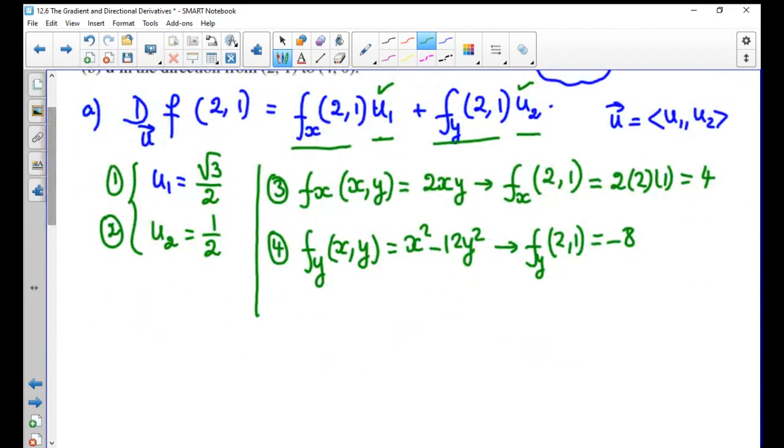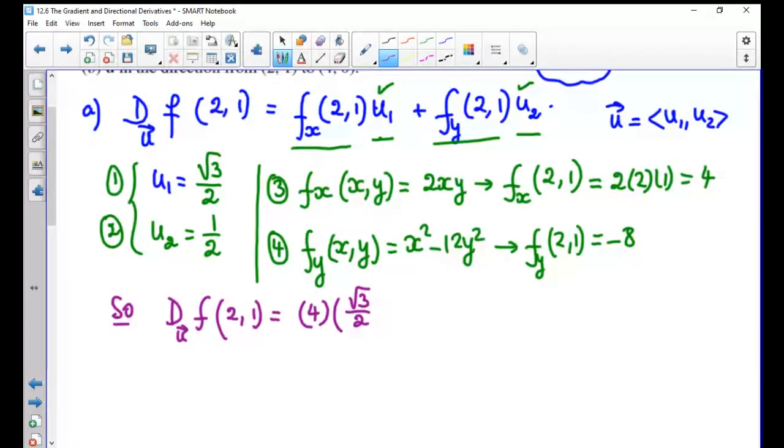So now we can say that the directional derivative of our function f in the direction of the vector u at the point 2, 1 is going to be 4 times u1, which is square root of 3 over 2, plus minus 8 times half, like this.